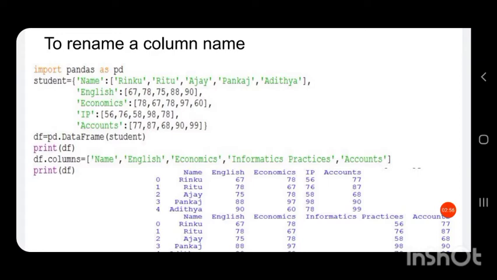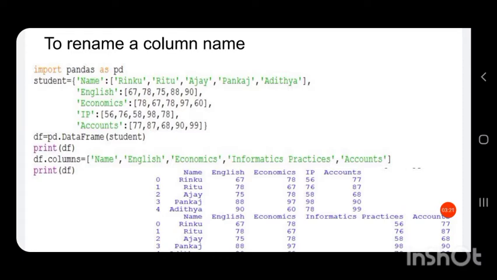Then we have a dictionary student containing name as the key with its corresponding value, English as another key, economics as another key, IP as another key, and accounts as another key, each with its corresponding value.